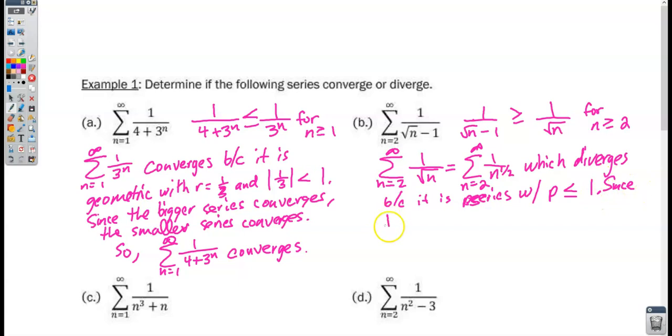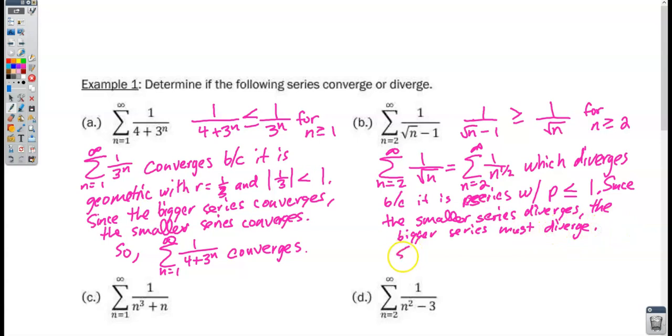Since the smaller series diverges, the bigger series must diverge. So the sum from 2 to infinity of 1 over the square root of n minus 1 diverges. Why do I know this?